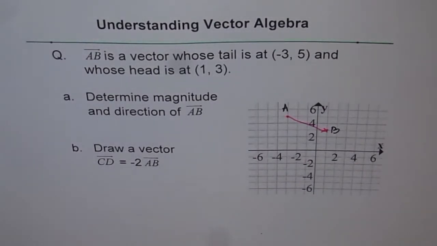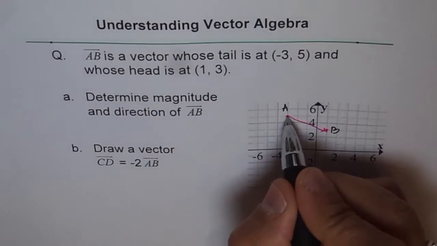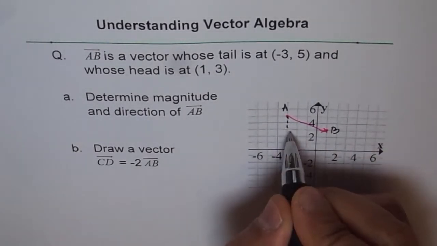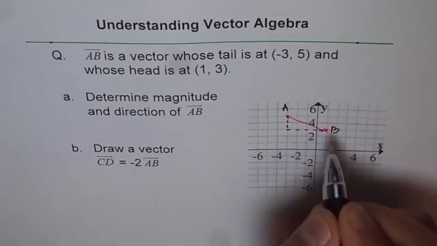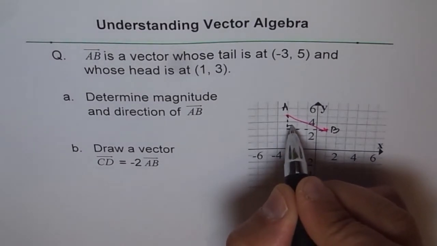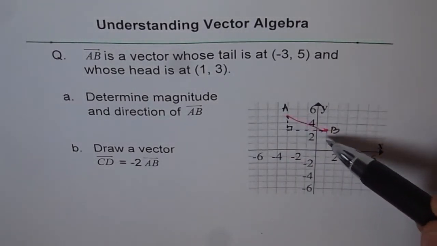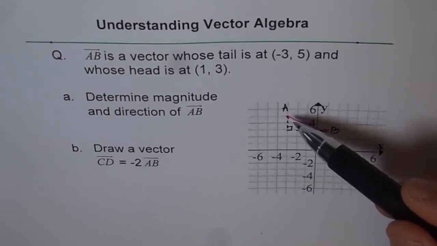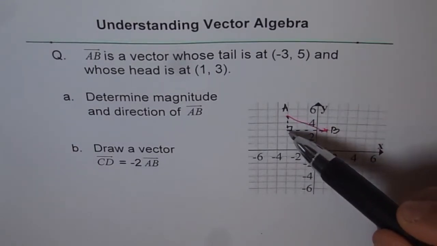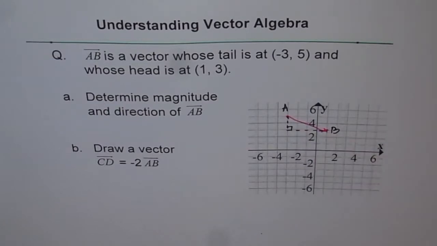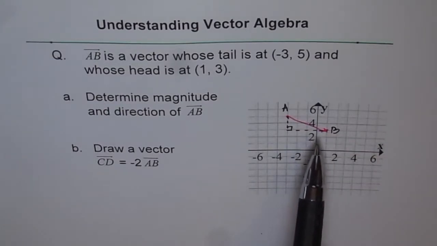Now to find the magnitude, you can draw a triangle like this. As you see in this triangle, we have a right angle. AB becomes the hypotenuse of a triangle whose one side is 2 units and the other side is 4 units, correct?